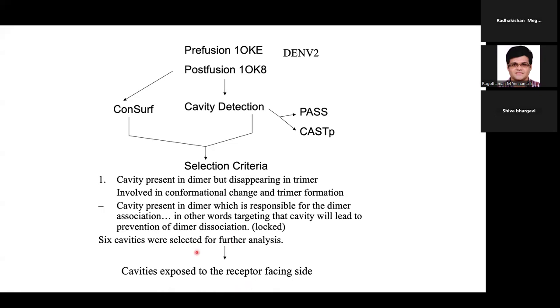PASS is the method that uses geometry based identification, and it fills up any depression in the surface of the protein with solvent and solvent sized molecules. So basically spheres with different radii. A water molecule has a radius of about 1.4 angstrom.